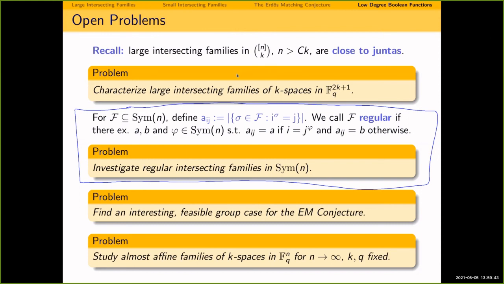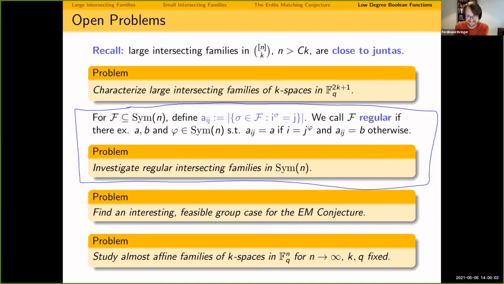So maybe if we don't have any other questions, can you say more about the open problem that we have here that's emphasized? I emphasized it because it's different to how Karen defined it, and now she is gone.